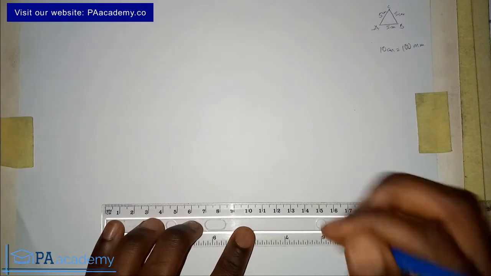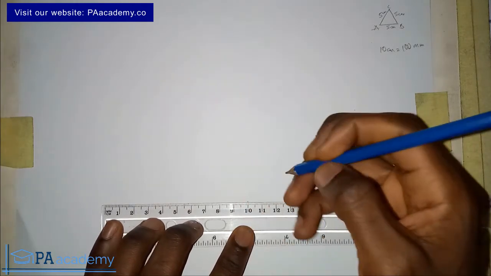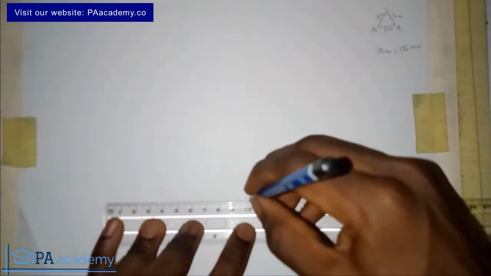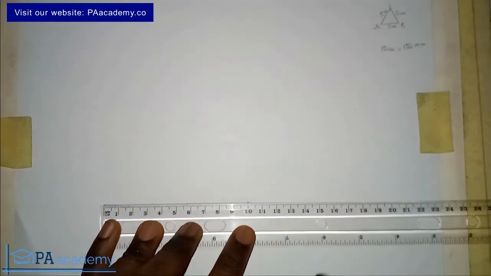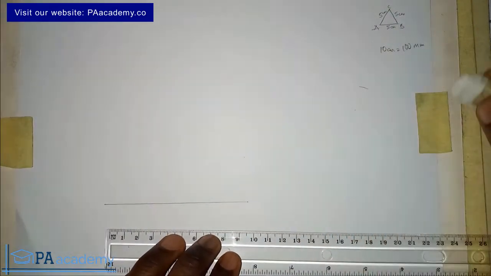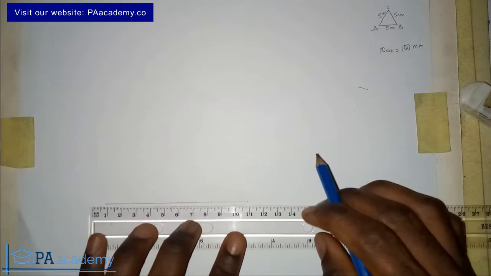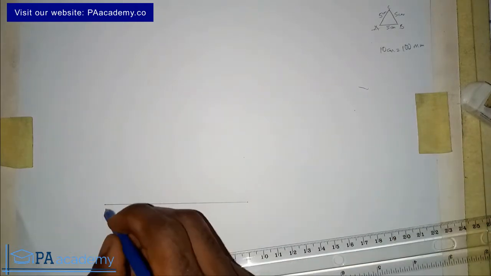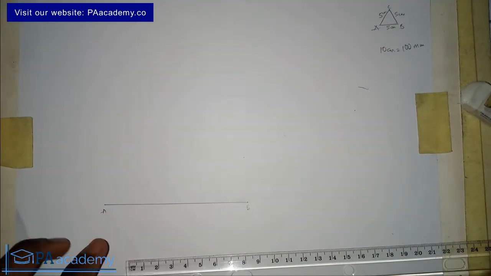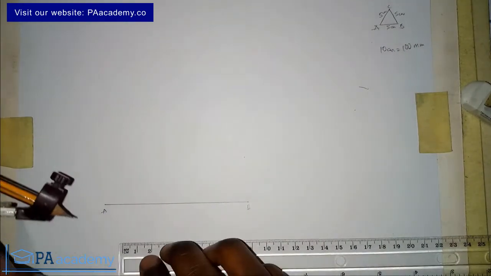So you bring in your ruler, so 10 centimeter. I already have it to be 10 centimeter from this point. Let me call this point A and let me call this point B. Now we already have one of the sides. So the next thing is to draw the other two sides.